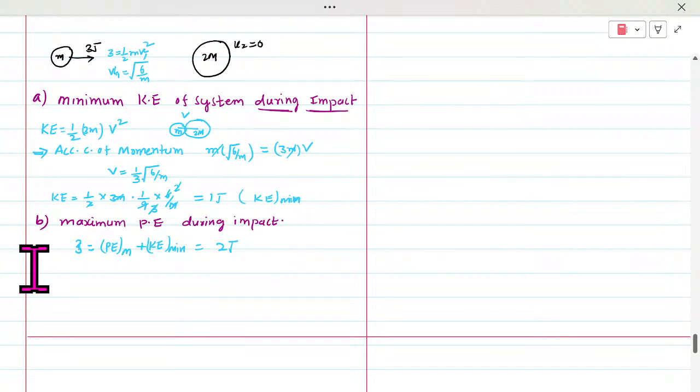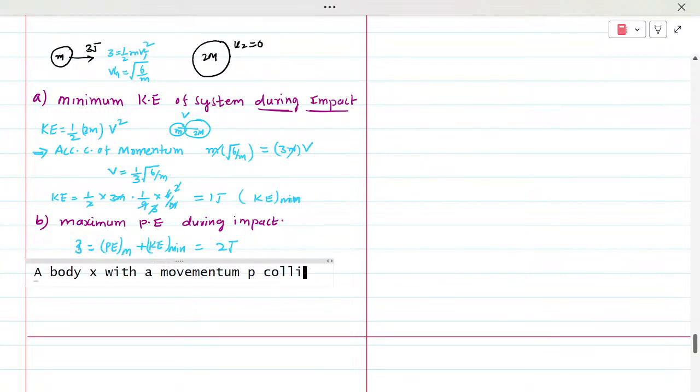Related to momentum: a body, name the body first one X, with a momentum P, collides with another stationary body named Y, one dimensionally.